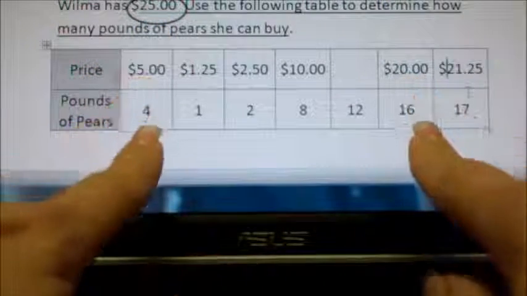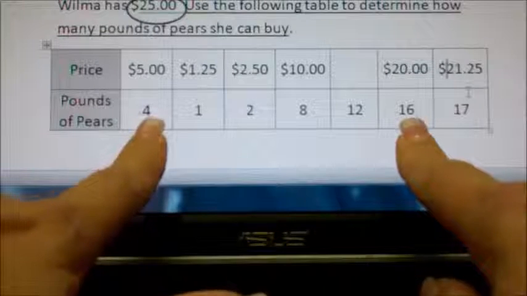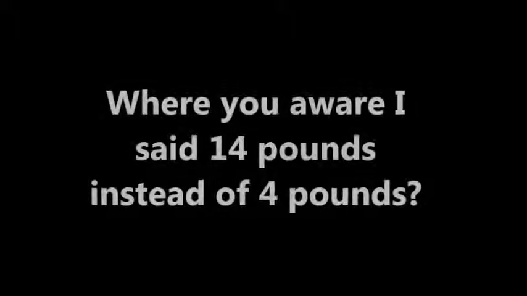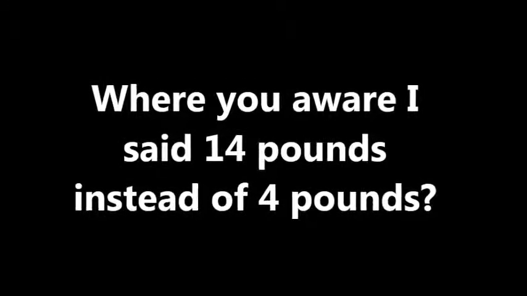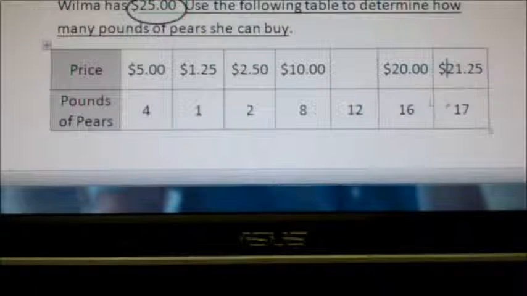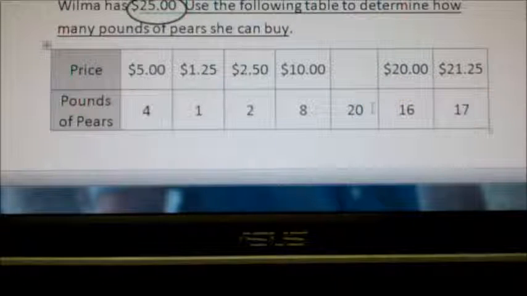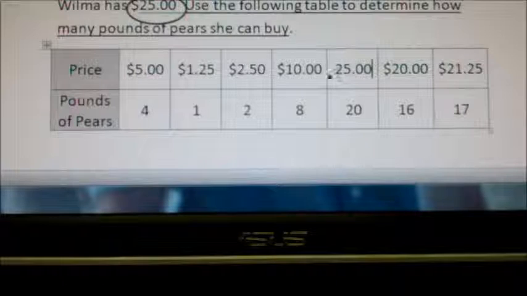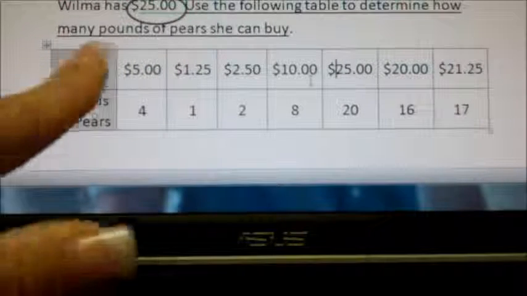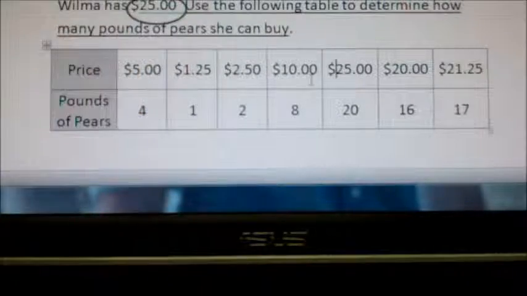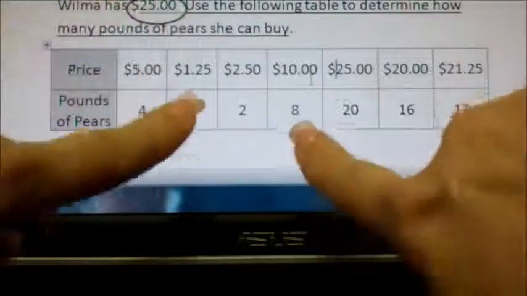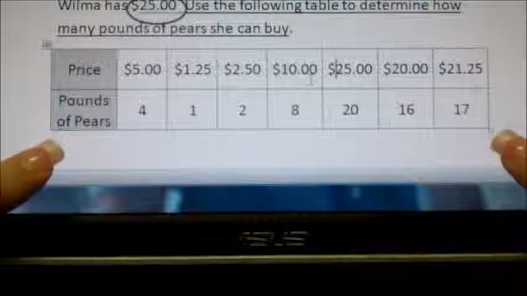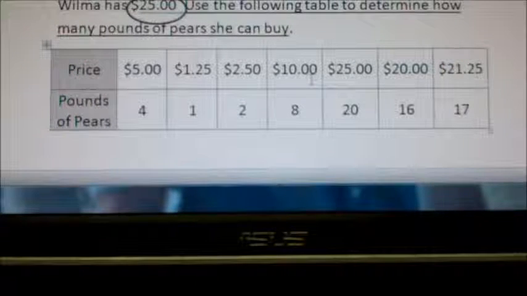So all I have to do is say 16 pounds, and 4 pounds means I just needed 20 pounds, and I have $25 right on the mark. So I had to be aware of where every piece of information was on this chart, on this table, and then I pulled it together.